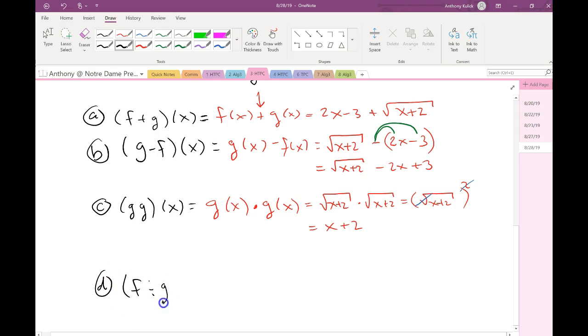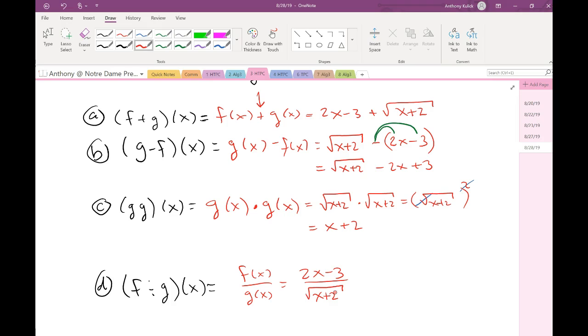Let's say we want to do f divided by g of x. So that's the same thing as f of x over g of x. That's 2x minus 3 over square root of x plus 2.